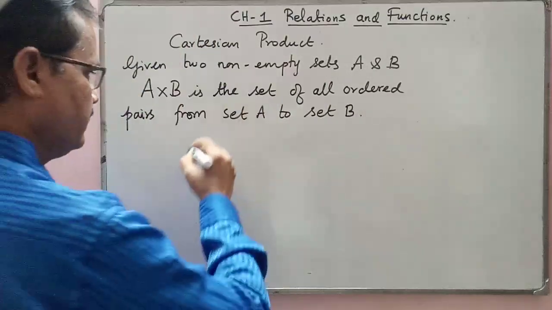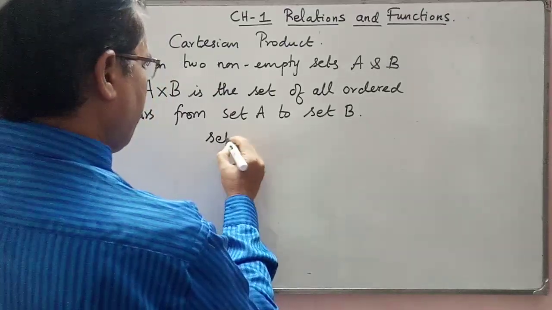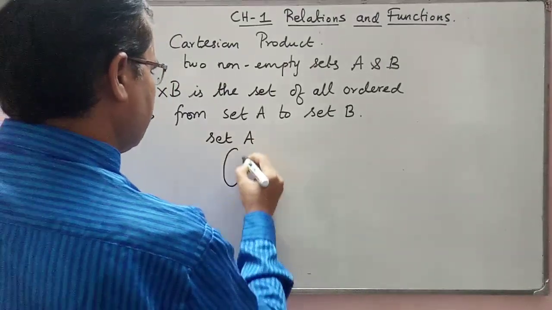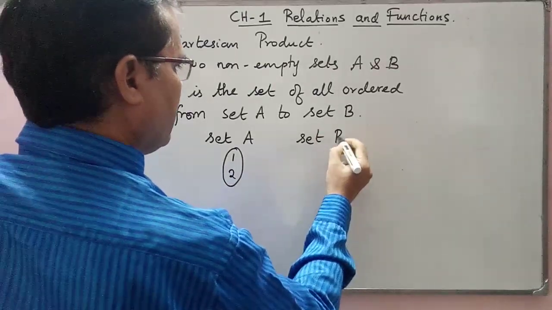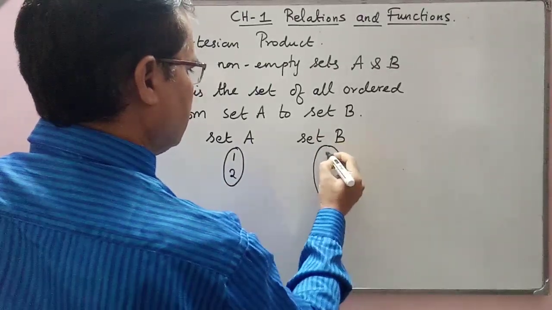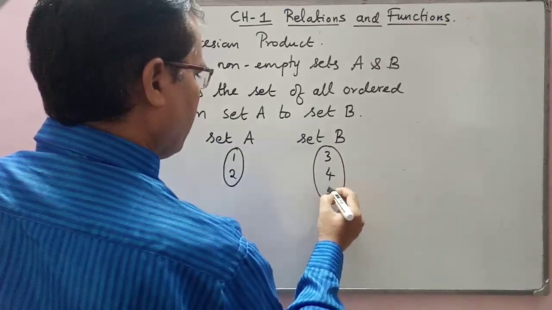Say for example, set A has elements 1 and 2, and set B has elements 3, 4, 5.